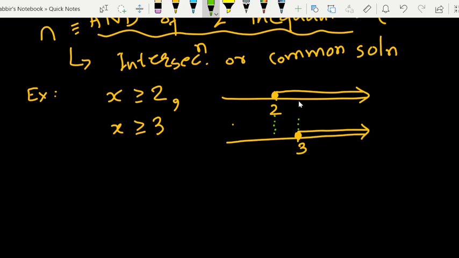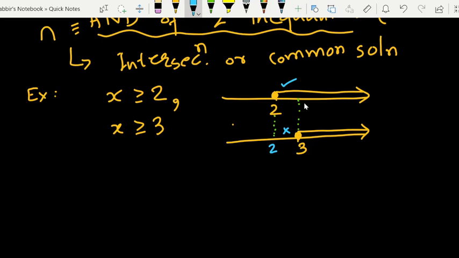Since we have to find the common solution, we can see that from 2 to 3 solutions exist on one line, but not on the other. So 2 to 3 won't be in the intersection or the common solution.